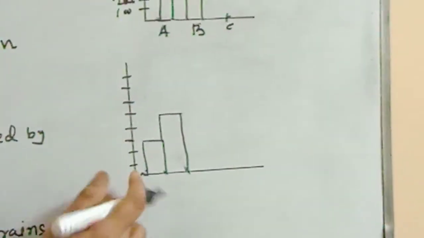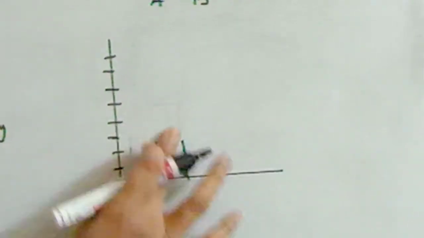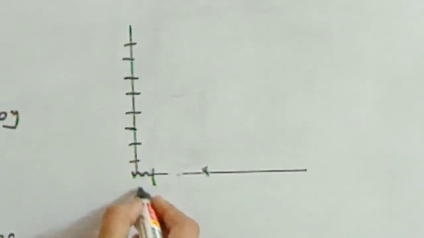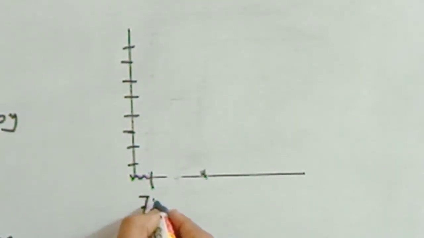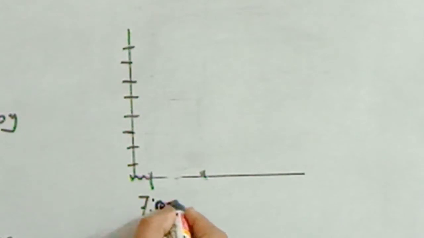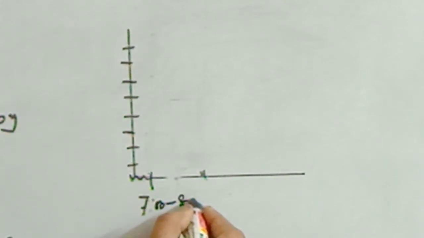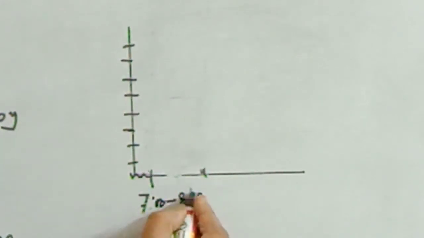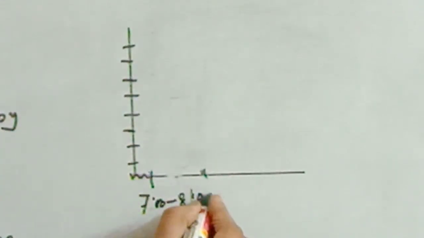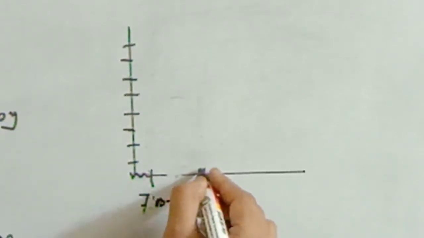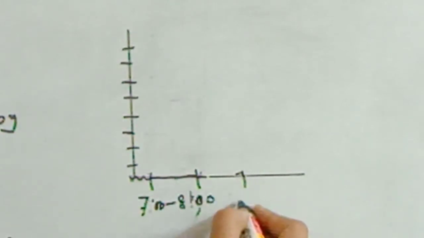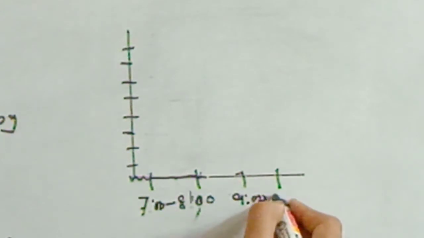We are taking the graph in this way, 7 a.m. to 7 p.m. That means the time, first I am taking 7 to 8, then 8 to 9, then 9 to 10.